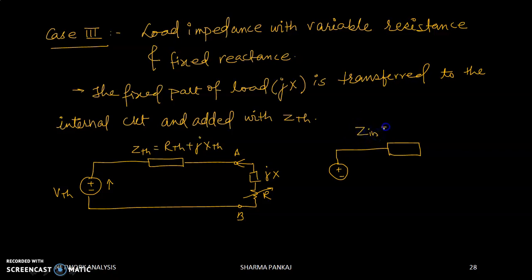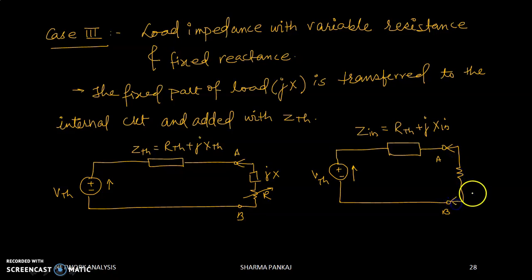Internal impedance is equal to RTH plus j internal. Terminal A. This is terminal B. This is of course VTH. Okay, and this is the load connected like this.